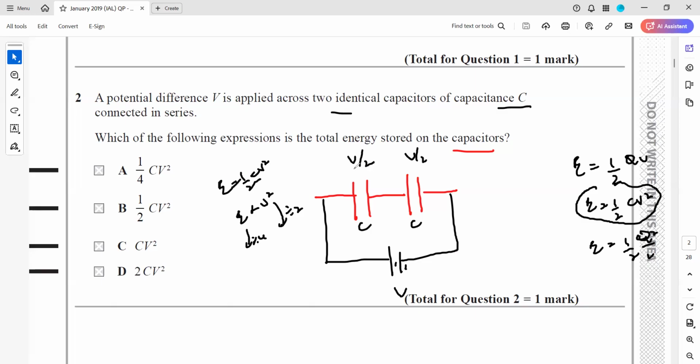So we need the total energy stored in these capacitors.